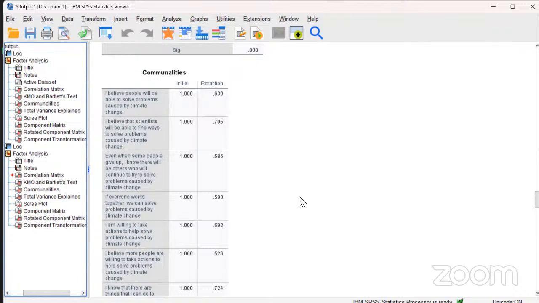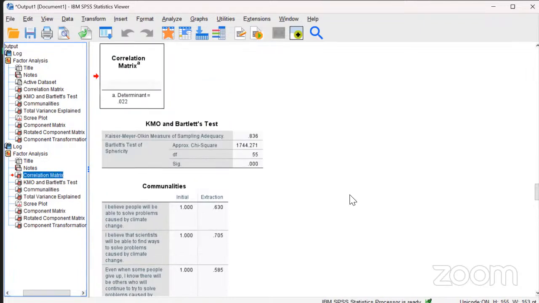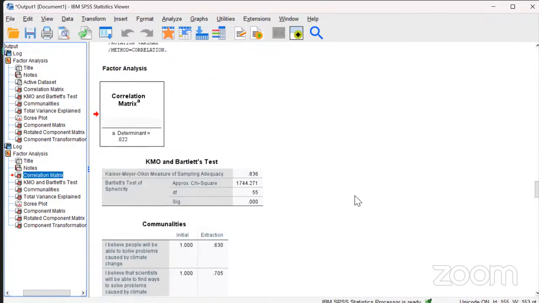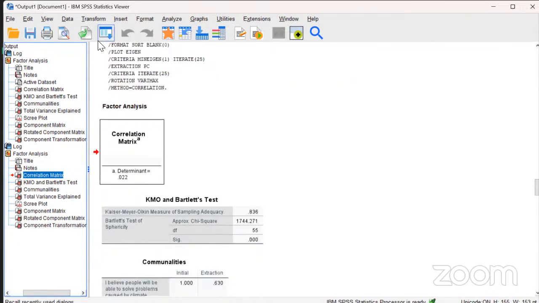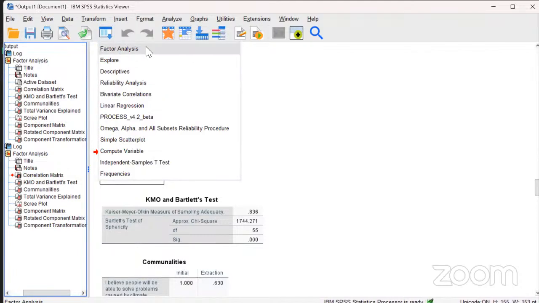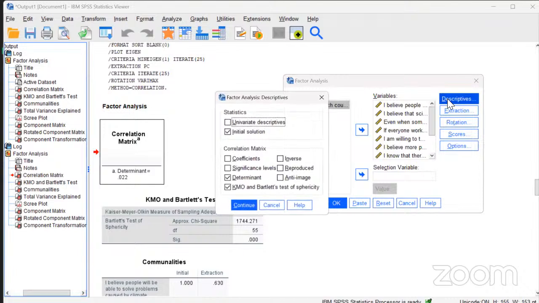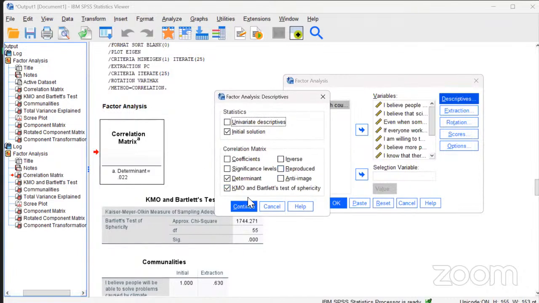The communalities are showing, but I am talking about the correlation matrix. It is coming up here, but not showing the matrix. Let me check, sir.